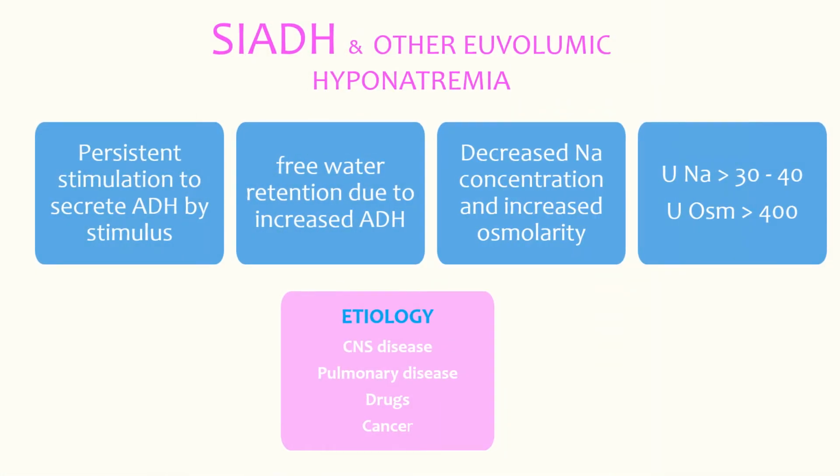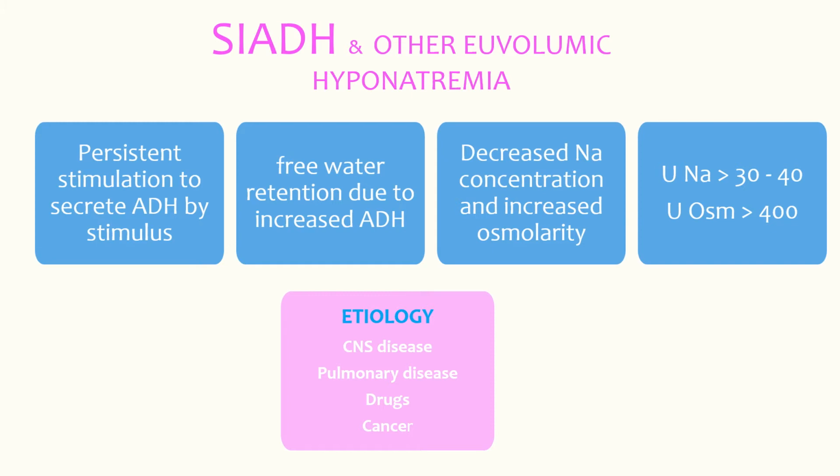Then we come to SIADH and other euvolemic hyponatremia. SIADH is called syndrome of inappropriate antidiuretic hormone, and it is called inappropriate because the ADH secretion is in excess of the osmolarity.